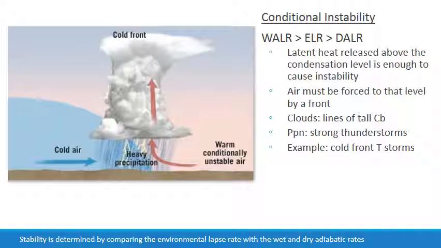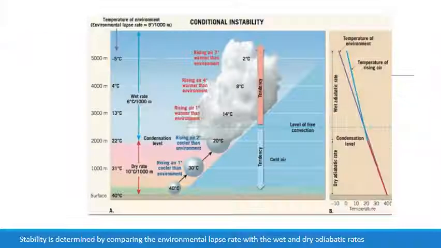So simply stated, the atmosphere is conditionally unstable when it's stable with respect to the unsaturated parcel, but unstable with respect to the saturated parcel. And here's the diagram, by the way, that shows a very slightly higher environmental lapse rate than dry adiabatic rate.